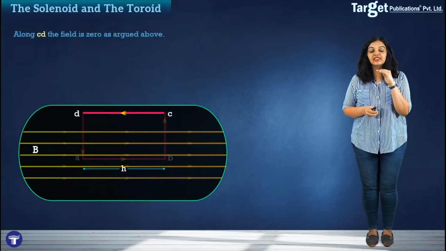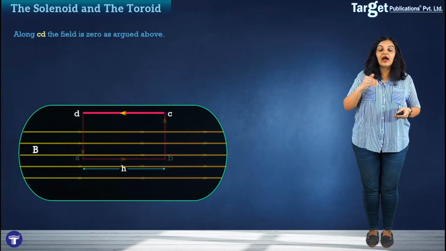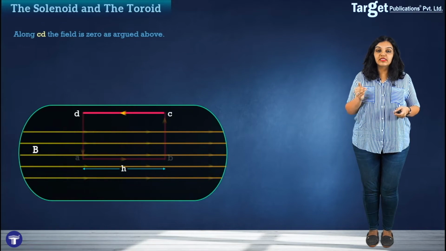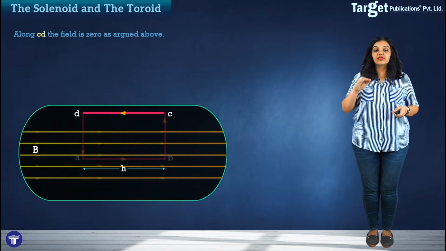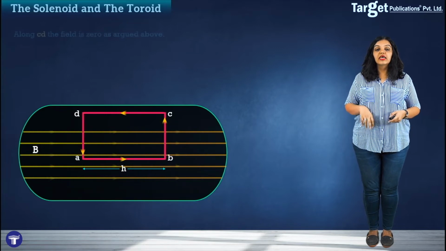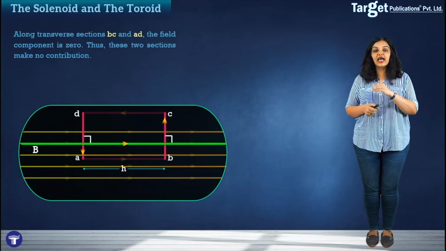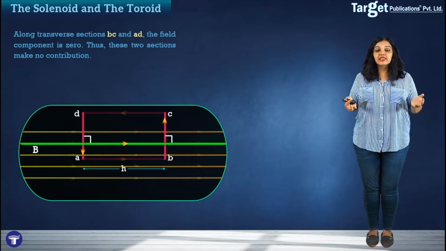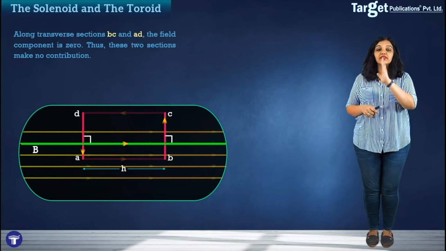You can see that along CD the field will be 0, because we just said that we're assuming the field outside the solenoid is 0. So since CD lies outside the solenoid, CD has no field along it, and therefore the field along CD is 0. If you take a look at the sides AD and BC, you will see that these sides are perpendicular to the field, and since the field is only along, say, the x direction, there is no field along the y direction.